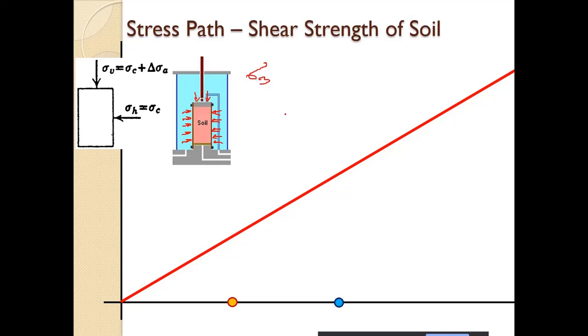But then we applied sigma d. So now sigma 1 is equal to sigma 3 plus sigma d.